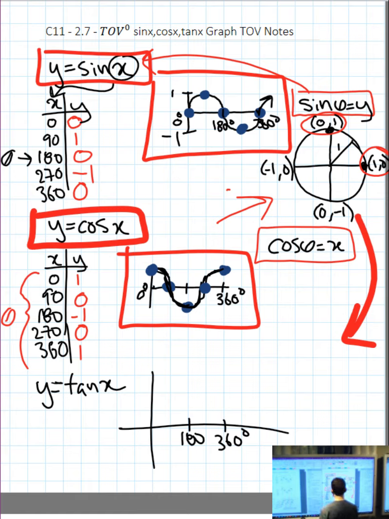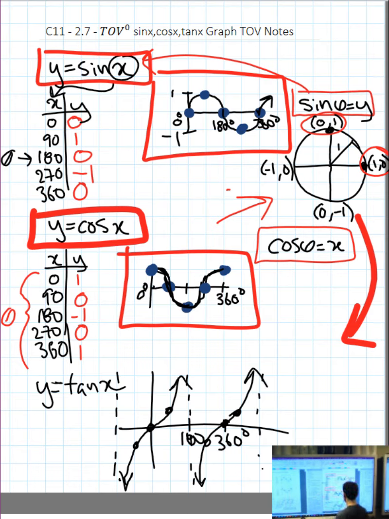And I'm just going to draw it. Close to the vertical asymptote, through the points, close to the vertical asymptote. Replicate this shape exactly off to the right a couple of times.